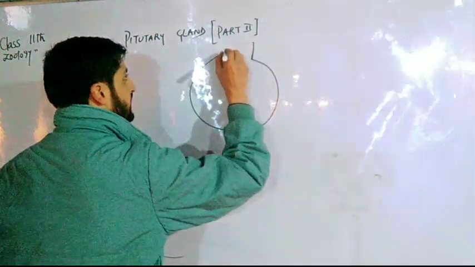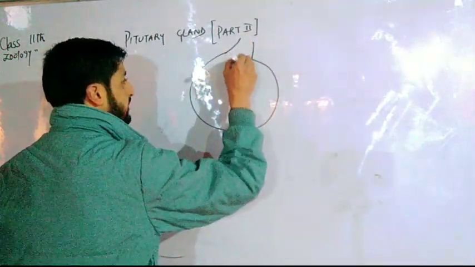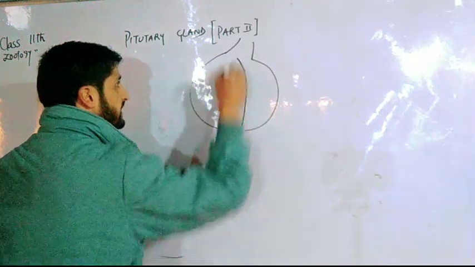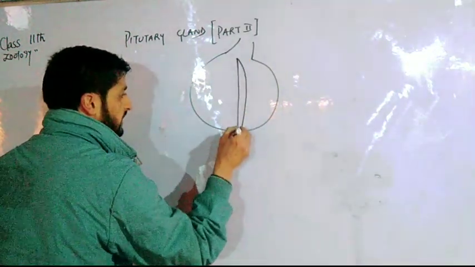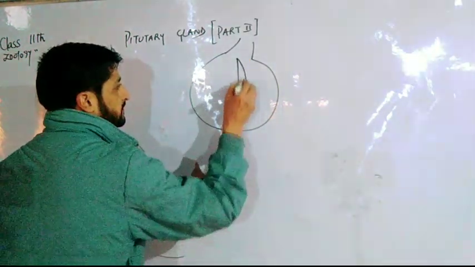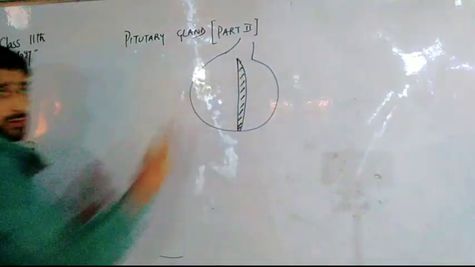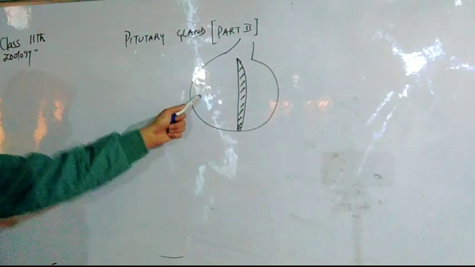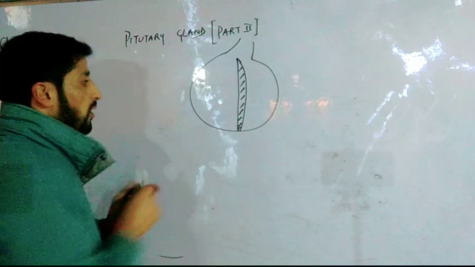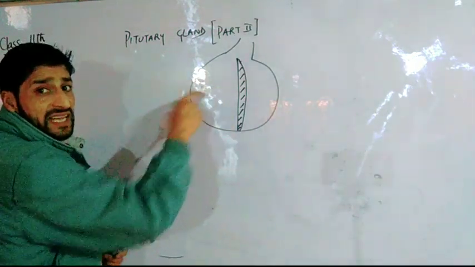This is the pituitary gland, that too anterior lobe, because we are only discussing right now anterior lobe of pituitary gland. This lobe you call adenohypophysis, or simply this part, pars distalis.